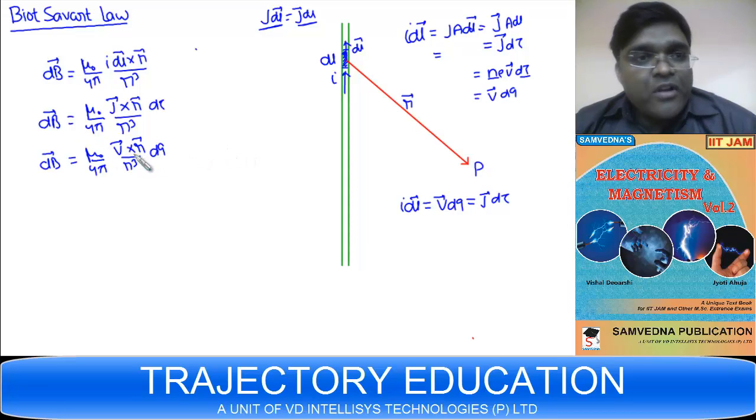Let's find it out first for the short conductor. Let us take a short conductor of finite length and find the magnetic field in the vicinity of that conductor using Biot Savart Law.